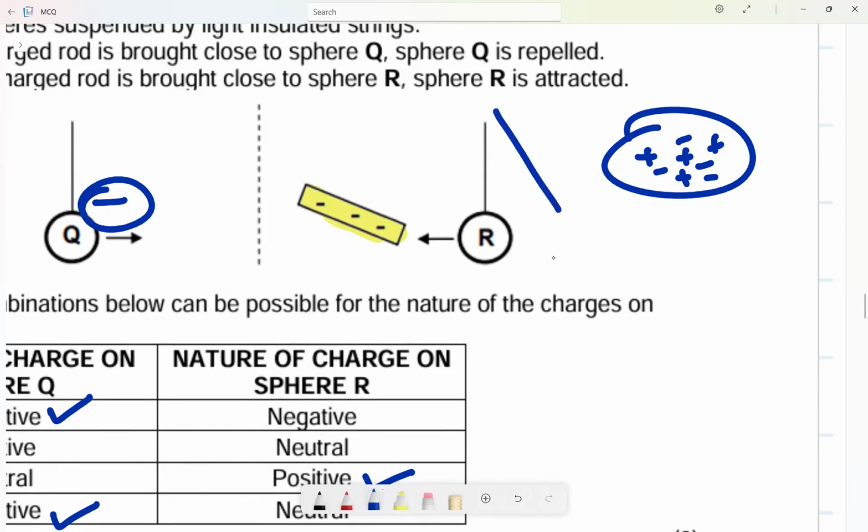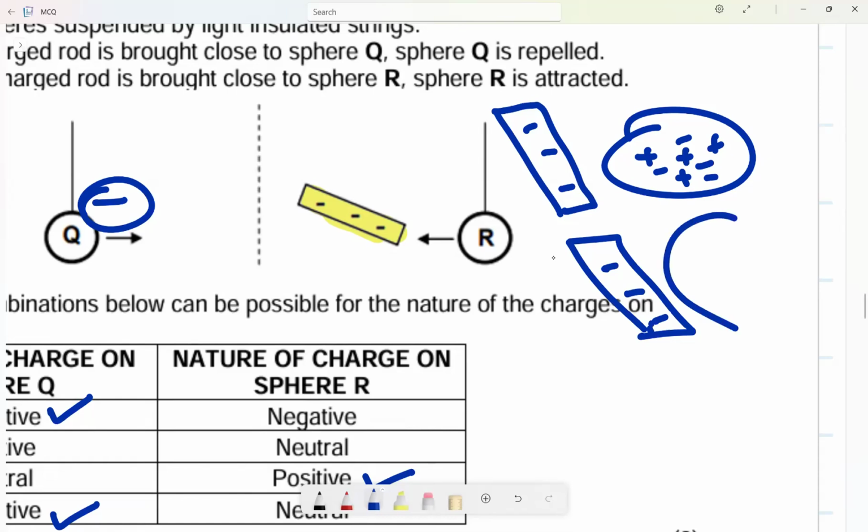If I bring a negative rod like this, the rod will still be negative, but it will cause the positive charges to come to that side. Therefore, the negative will be repelled. Do you agree that the positive will be attracted and the negative repelled?